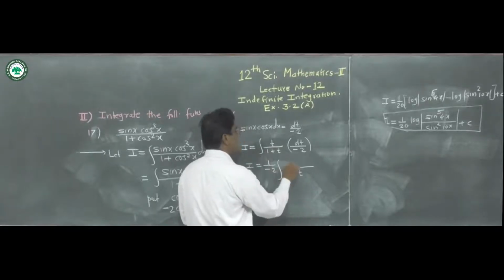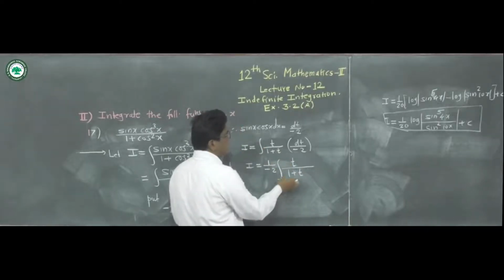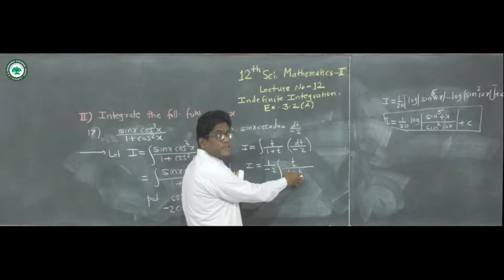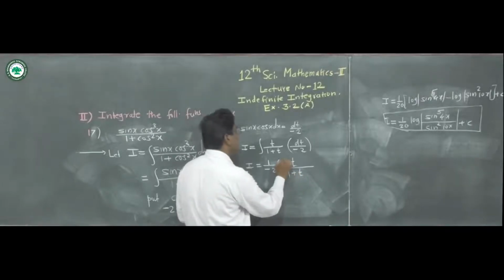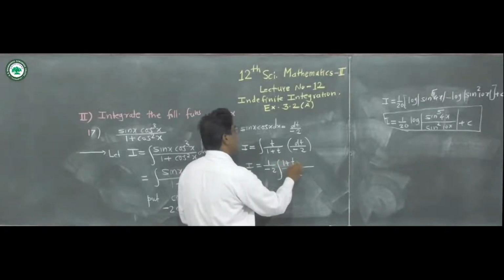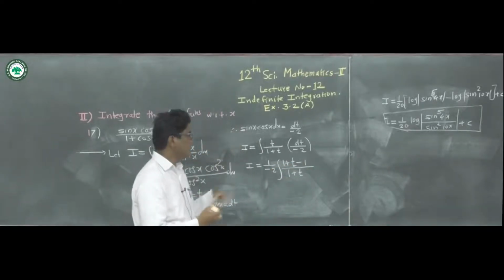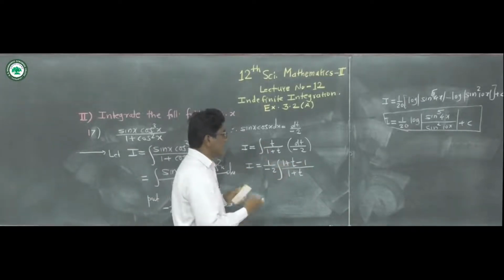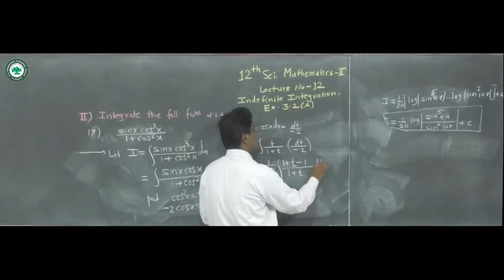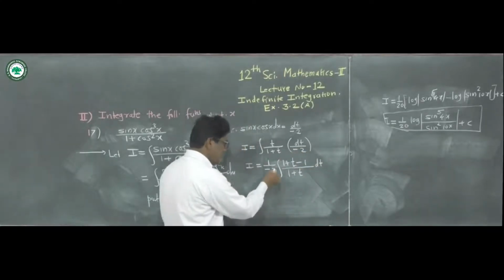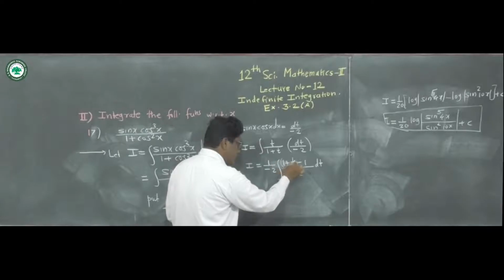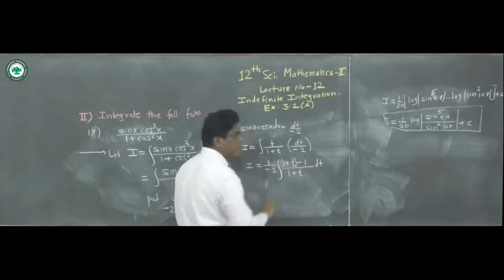In the numerator there is t, so we adjust here 1 plus t and minus 1, so that 1 and minus 1 get cancelled to each other, and we have t as it is, dt. Now we consider two parts in the numerator, 1 plus t one part and minus 1 another part.